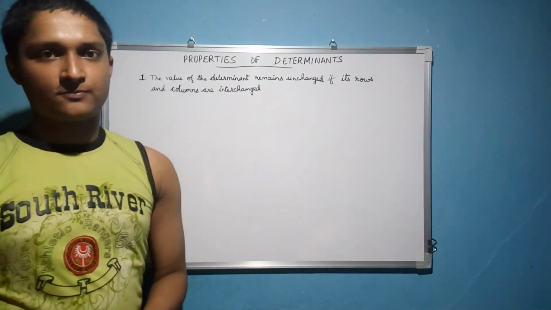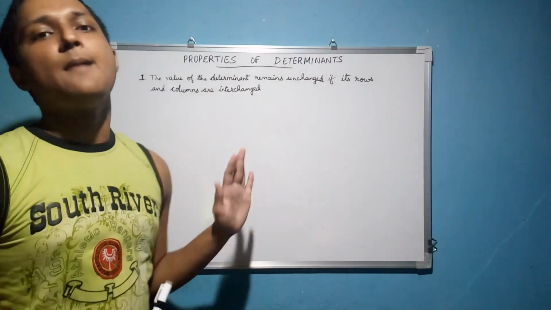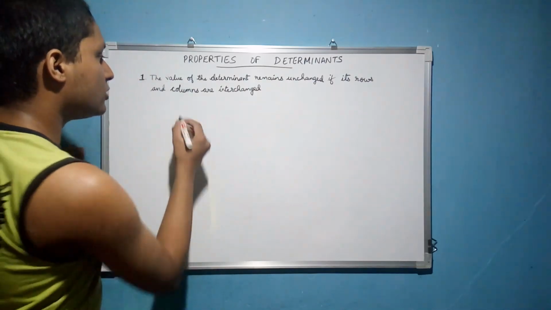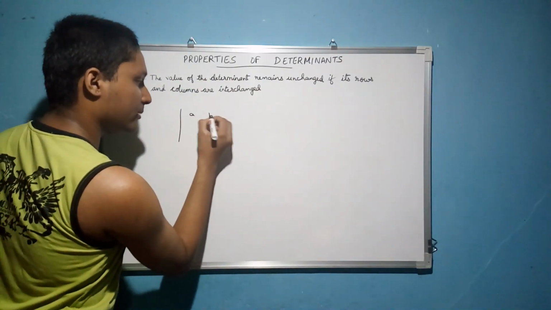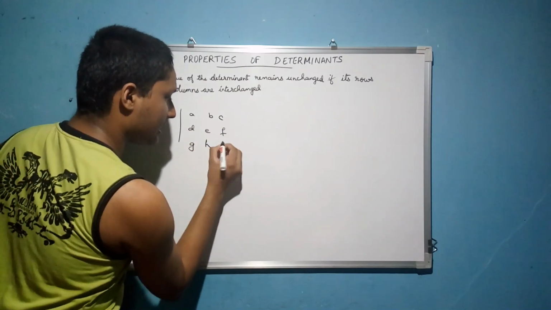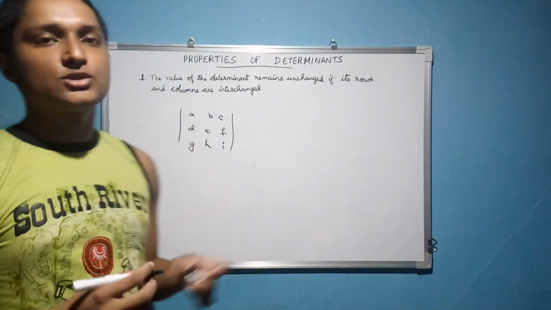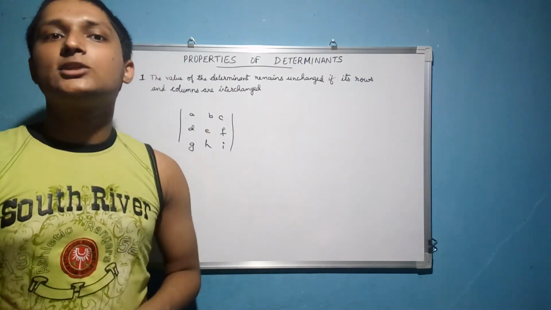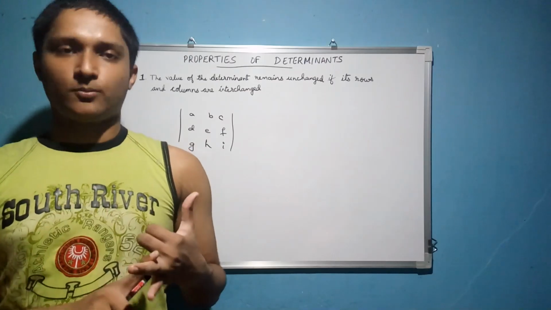So I'll just give an example of how it is going to be and what you can infer from that. Maybe you have a determinant like this: A, B, C, D, E, F, G, H, I. Okay, this is the determinant. If you want to find the determinant, you can find it through the first column or the first row, right?